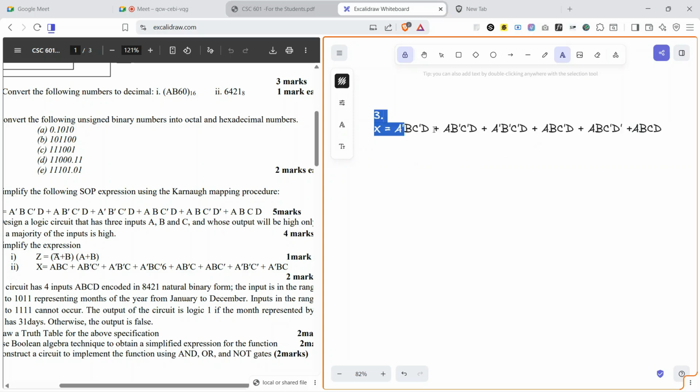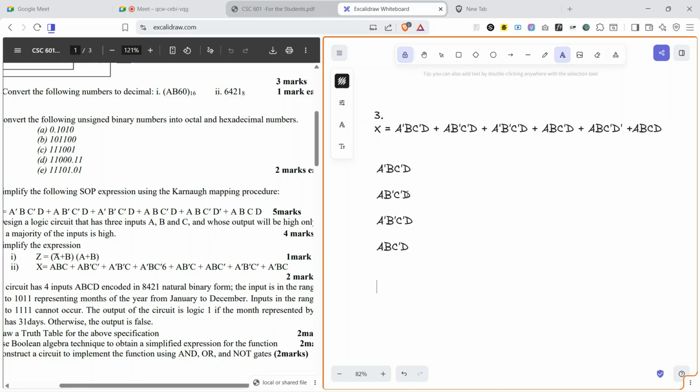I'm just going to copy each one: the first one, the second one, the third one, the fourth one. I think it's better writing it.